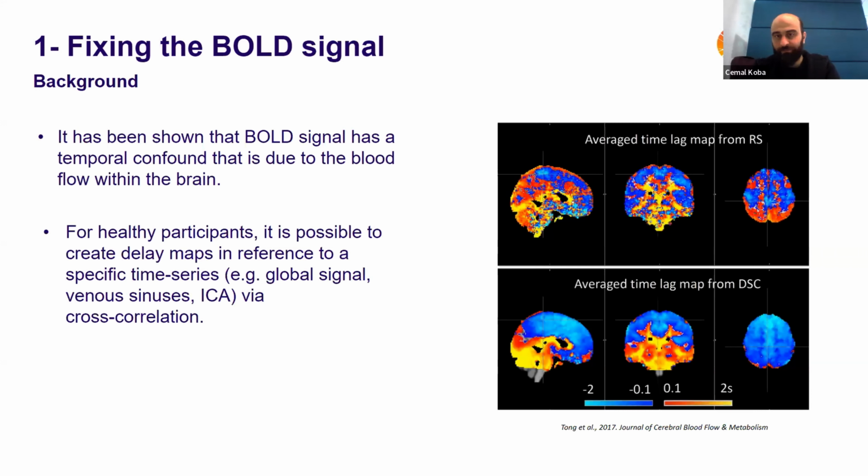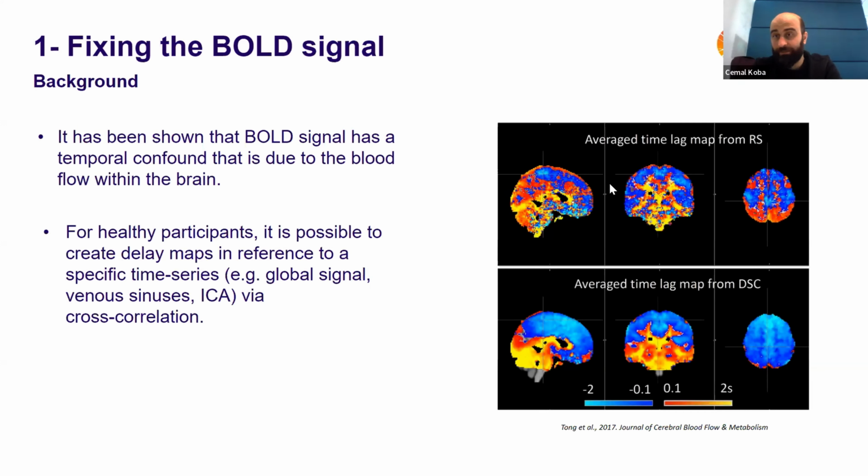And the time shift that gives you the maximum correlation actually reflects, it's very similar to the time lag from other modalities such as perfusion and dynamic susceptibility mapping, although it's a bit more noisy.